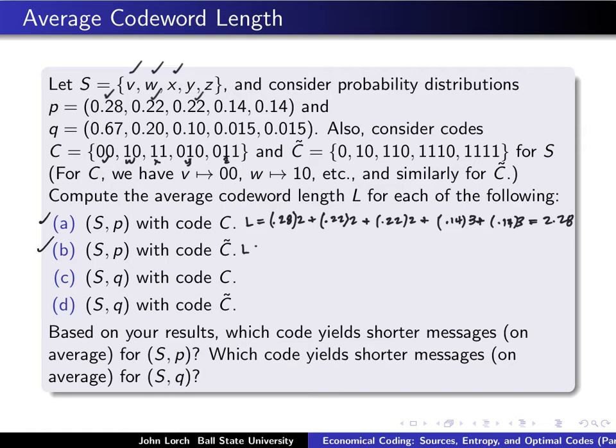If we do that, here now the probability of V occurring in a message is 0.67. I'm sorry, this is wrong. Here again, the probability of V occurring in our message is 0.28. But now the length of the code word that we associate to V is 1.